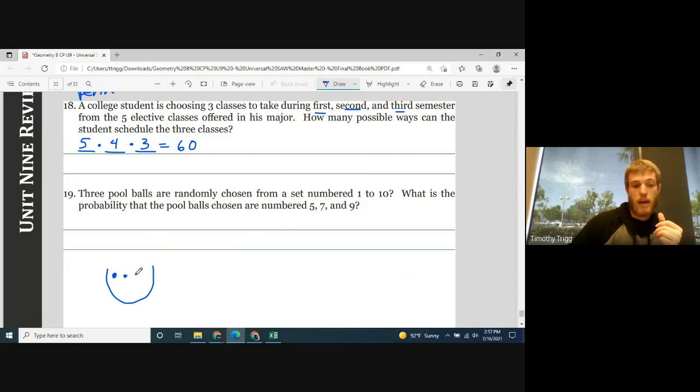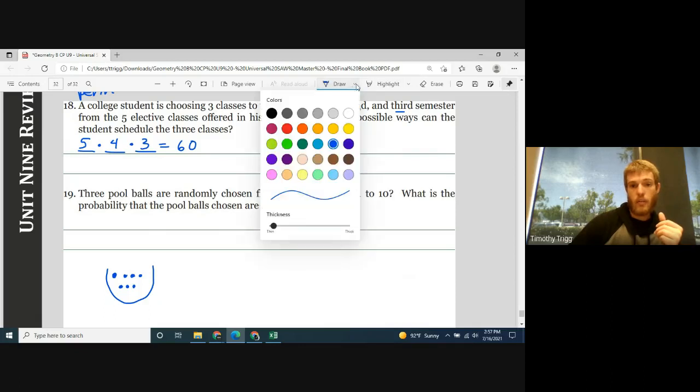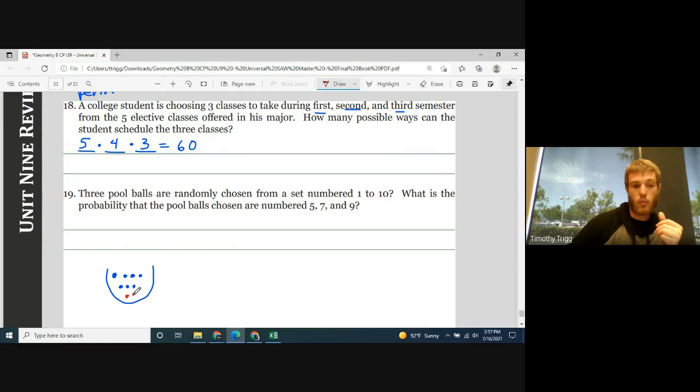So I imagine there's 10 in total, 7 that are blue and 3 that are red. Imagine the 3 red ones are the ones we want: the 5, 7, and 9.